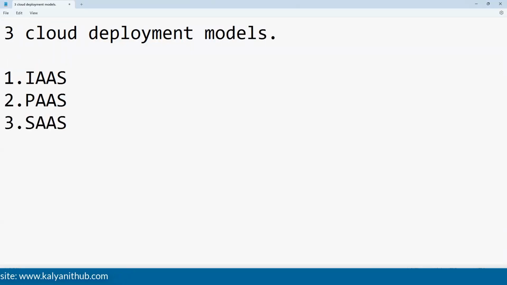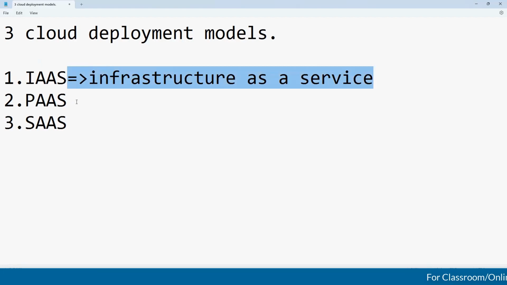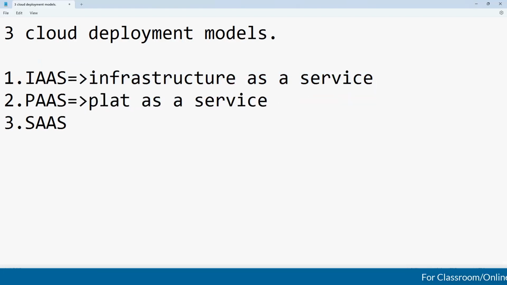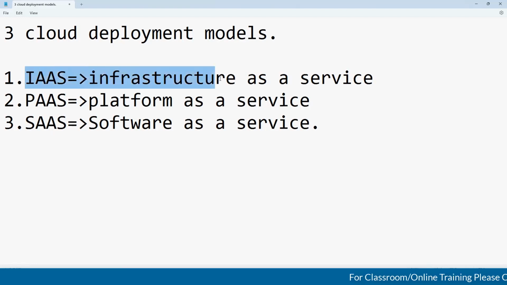Very important interview question. IaaS means infrastructure as a service. PaaS means platform as a service. Next, SaaS means software as a service.